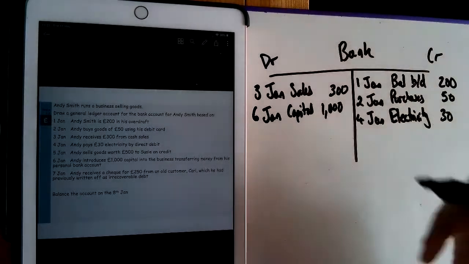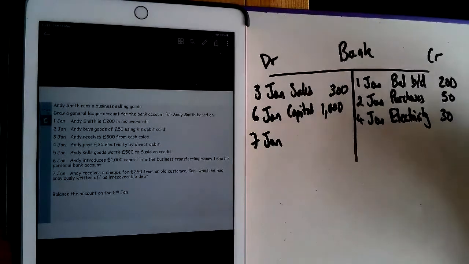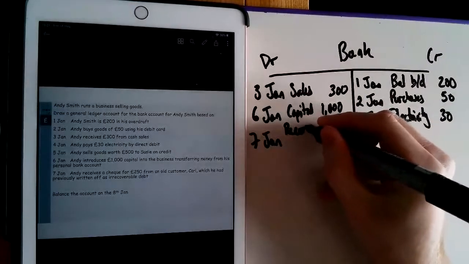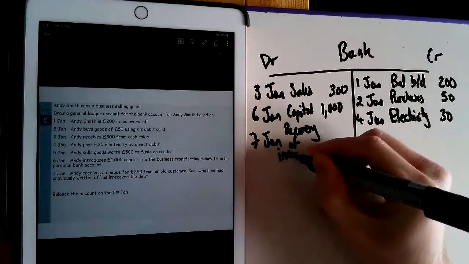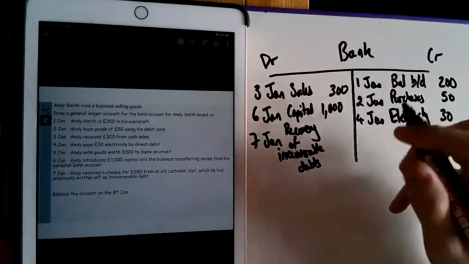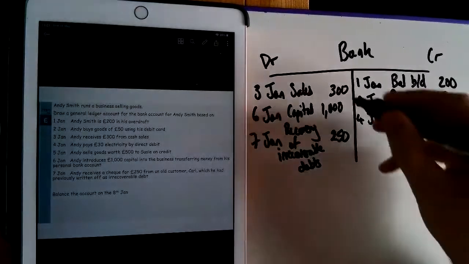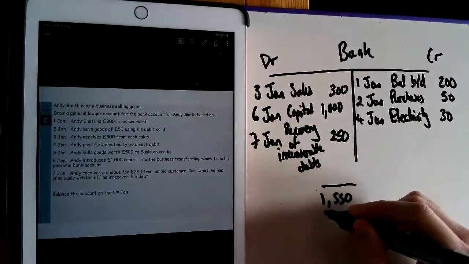So he's receiving money, so that's going to be the 7th of Jan on the debit side. Now, we wouldn't call it by the customer's name because we've written off his account now, so we would call it recovery, if I could fit this in, recovery of irrecoverable debts, and that's £250.